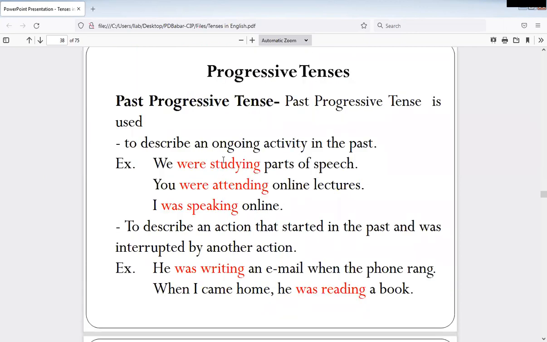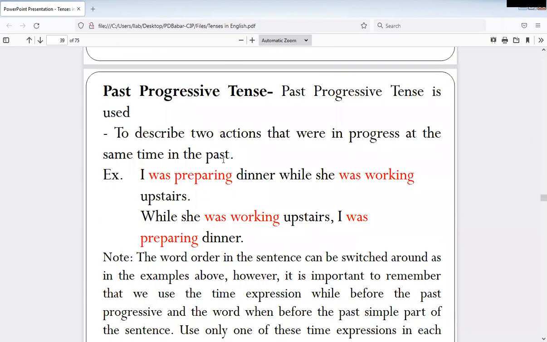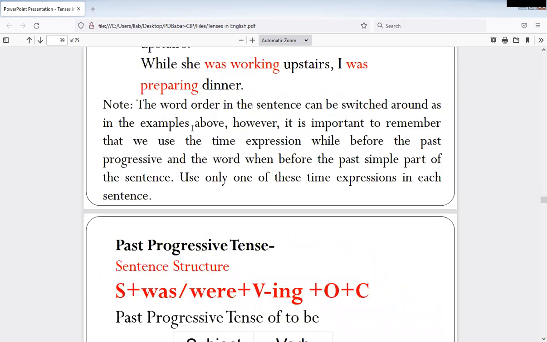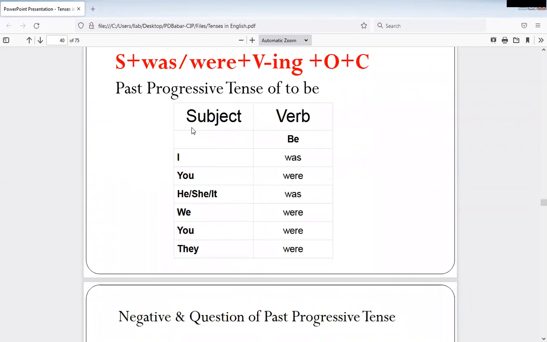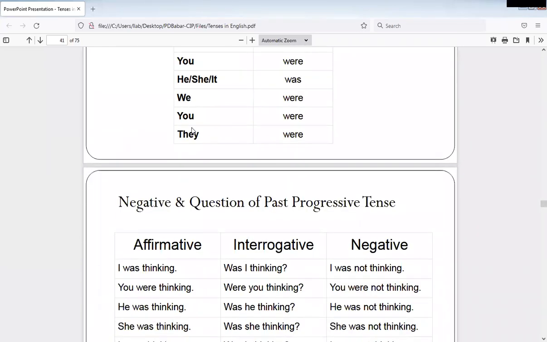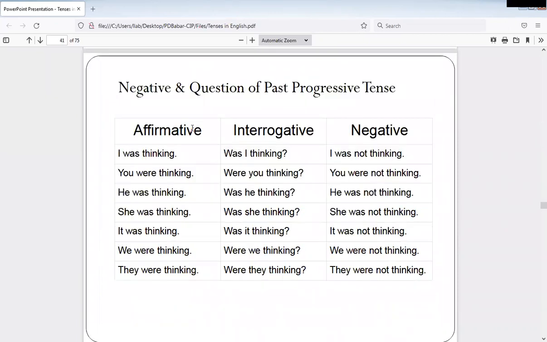The structure of that tense is subject plus was or were plus VING plus object and complement. Also, we have seen the various affirmative, interrogative, and negative types of sentences.